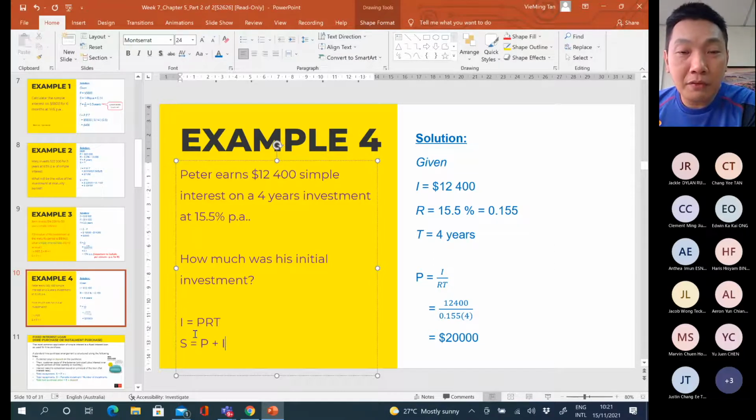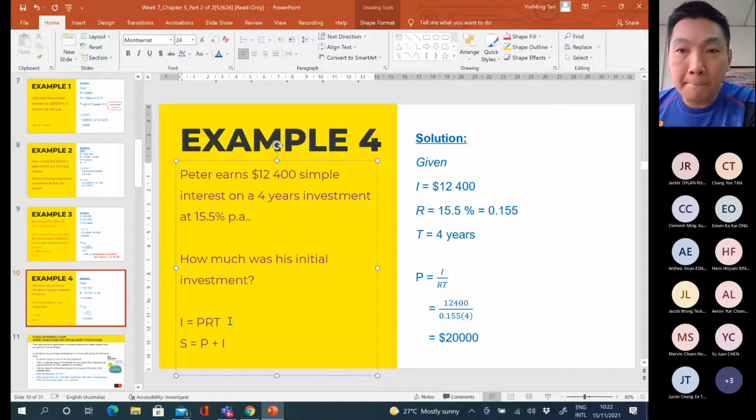You may find that both formulas have P, but it depends on the information you have. If you use the second formula, you don't have the S value. So it's not suitable to use the second formula to calculate P, because S is not given for this question.